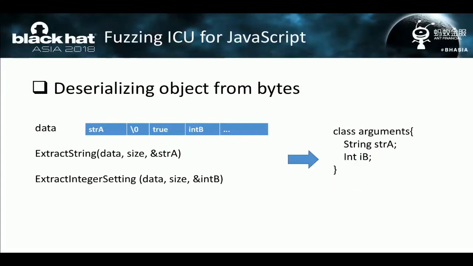Then we can deserialize the object from the bytes. The data is provided from libFuzzer. We can extract the object and the strings from the data bytes. After deserializing, we can get the class arguments.